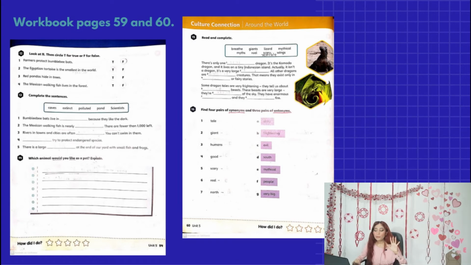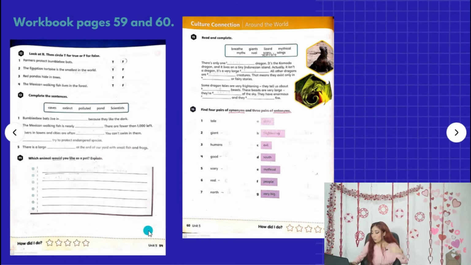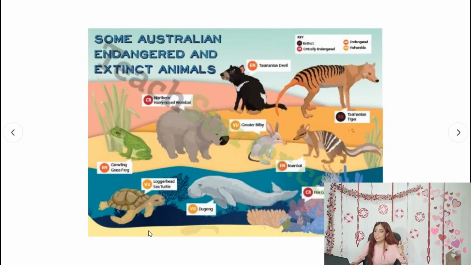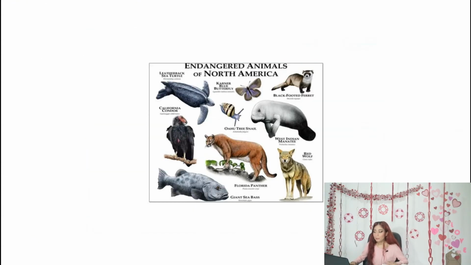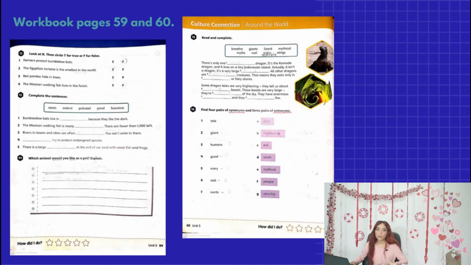And if you want to do the activities on page 59, you need to reread the reading that is on page 58, that is called Status in Danger. Okay, so you're going to read this again. If you didn't do it, you won't be able to do the next activities.